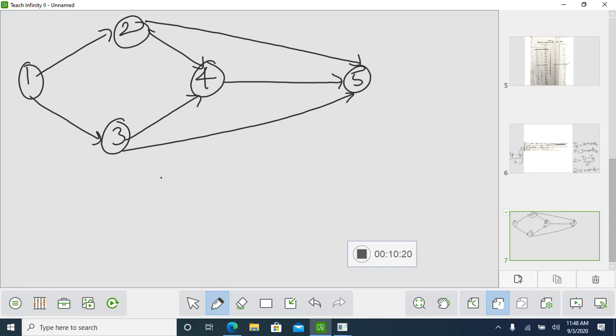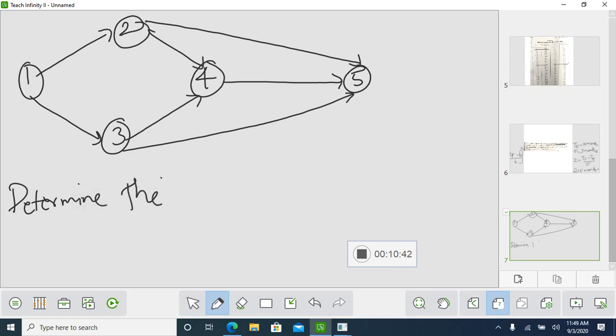So in the network diagram, the question is the time estimates for each activity are mentioned. So time estimate for each activity will be mentioned. Determine the probability of completing the project in 35 days.